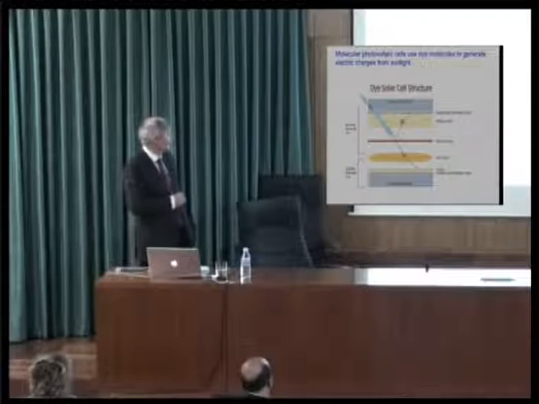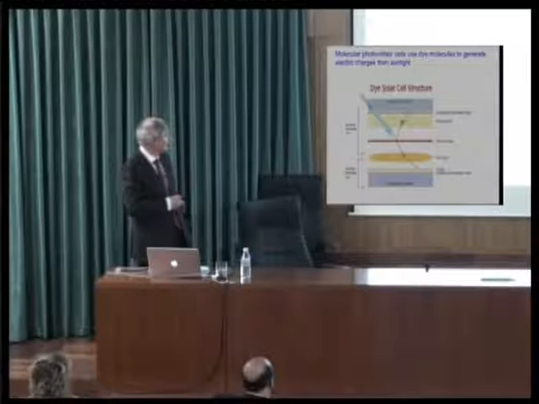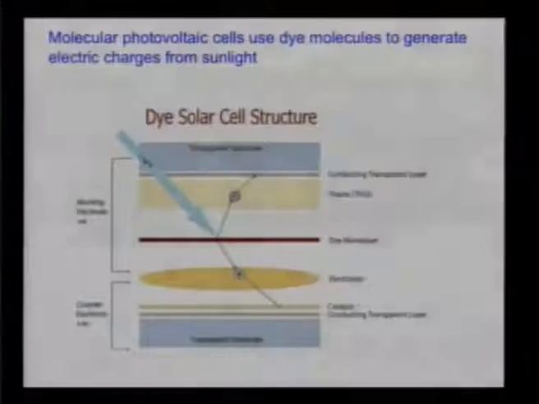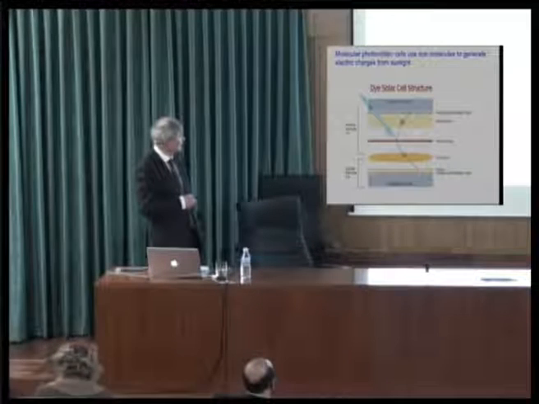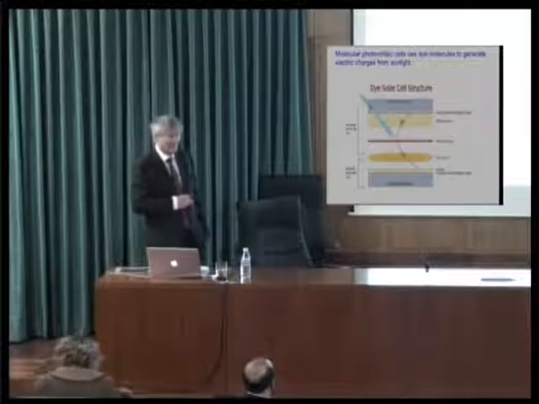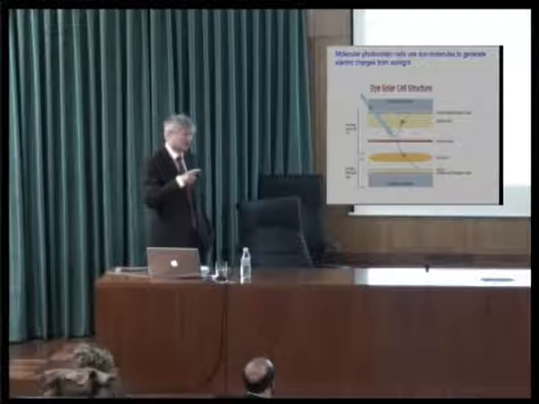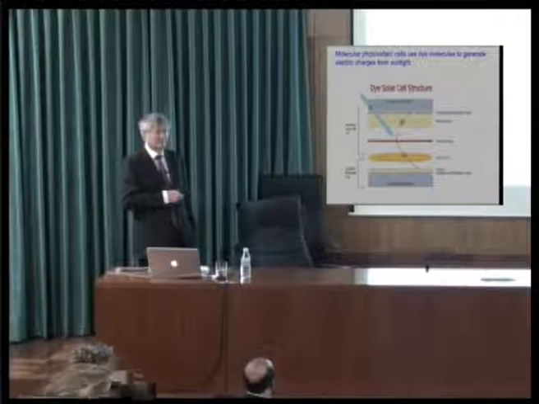And so the cell which we have been developing uses a dye, which is a molecule, or semiconductor quantum dots. You can also use those. And so the dye is absorbing light and generates charges. It does not transport electric charges.